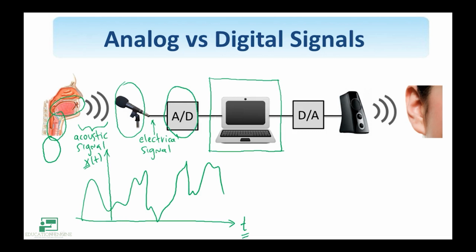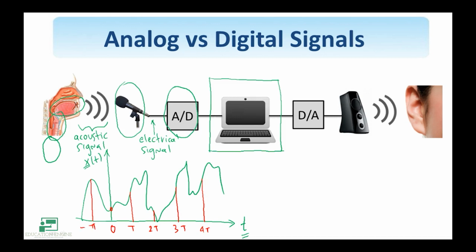In converting an analog to a digital signal, one has to take two steps. The first step is to sample the signal, or discretize it in the time domain. This means that I look at the values of the signal at equally spaced points, so the value at time 0, at time T, at time 2T, 3T, 4T, minus T, and so on.